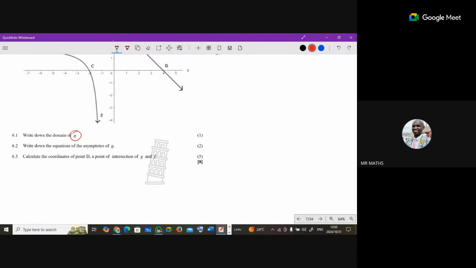So we move on to 6.2. Write down the equation of the asymptotes of g.